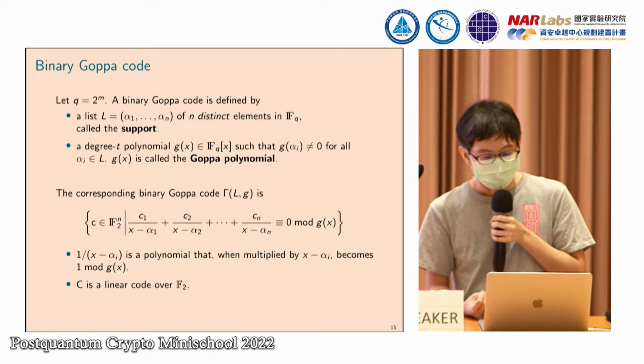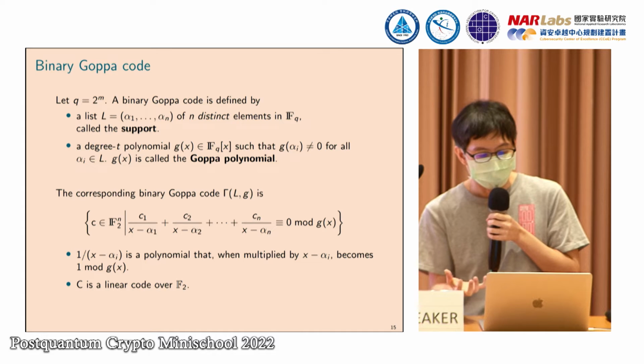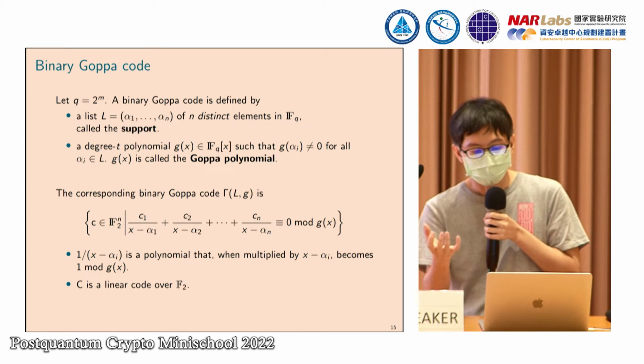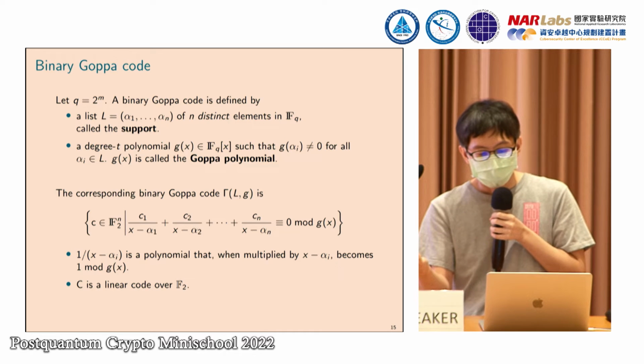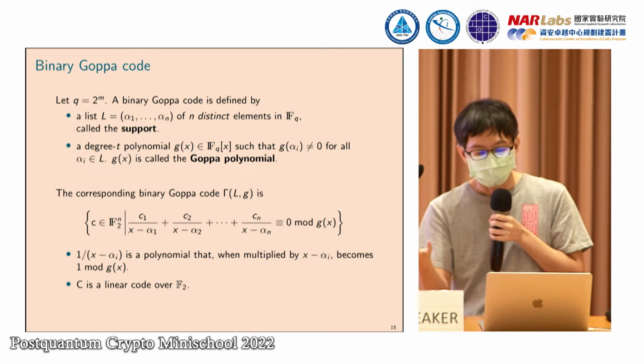So you consider all the length n vectors over GF(2), and some of them are going to be your codewords.